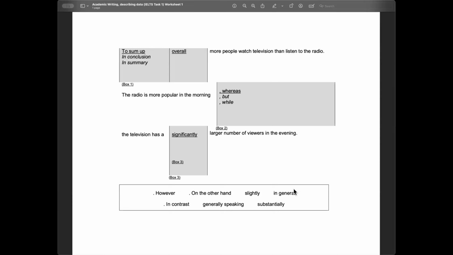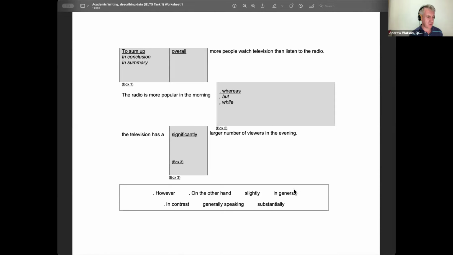The opposite. Substantially and significantly, are they more or less synonyms? They're synonyms, aren't they? How has the writer avoided repeating the words radio and television audiences?